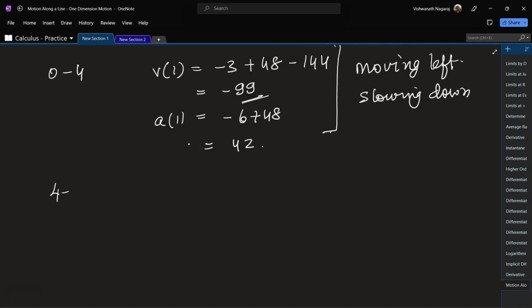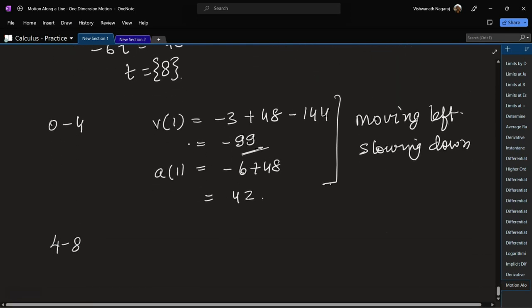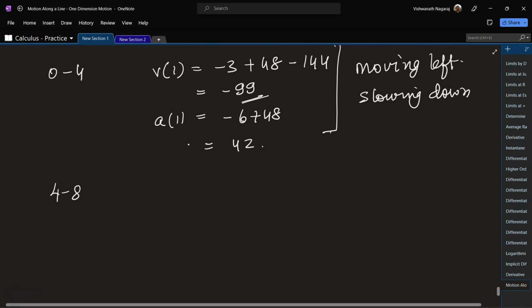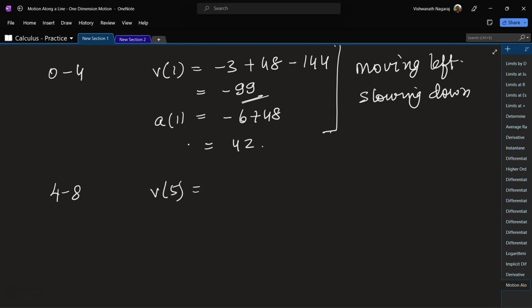Okay, 4 to 8, is that right? Yes, 4 to 8. So let's take v of 5. V of 5 would be minus 3t squared, so minus 75, plus 48t, so 48 times 5 is going to be 240, minus 144, which gives us 21.